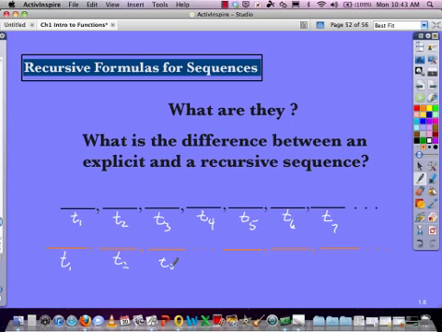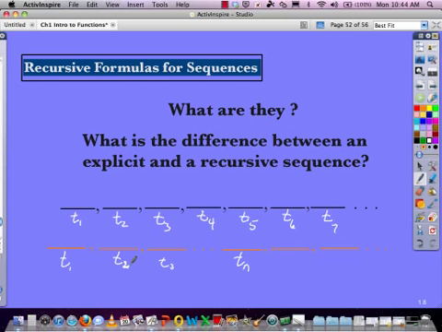So the question is, what do you call this next position? We have been using the idea of t sub n to refer to any term in our sequence. So let's assume we don't know what this is, so we'll call it t sub n. But then the next question is, what would the next one be? Well, any term in a sequence is consecutively 1 apart.